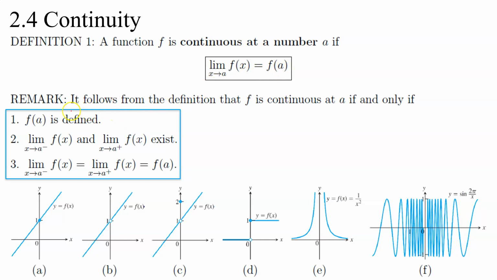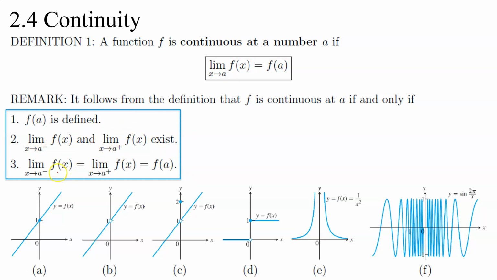So there's a remark there. It follows from the definition that f is continuous at a if and only if, he says there are 3 conditions so that the function is continuous. First, f(a) is defined. Second, the limit of f(x) as x approaches a from the left and from the right exists.